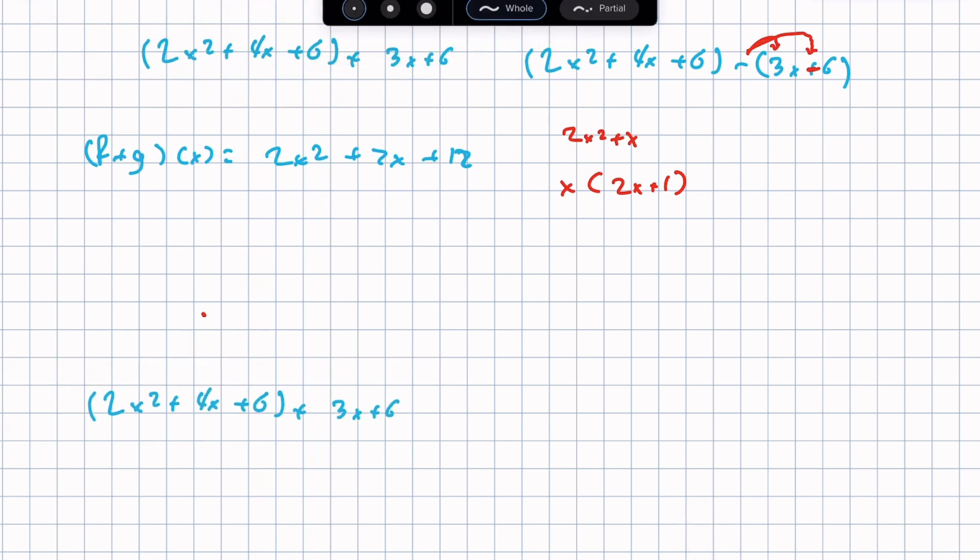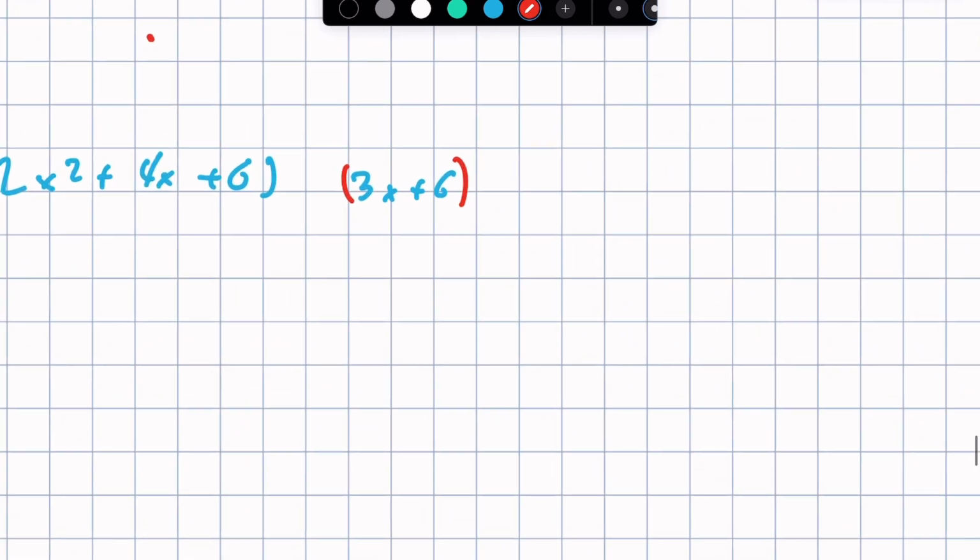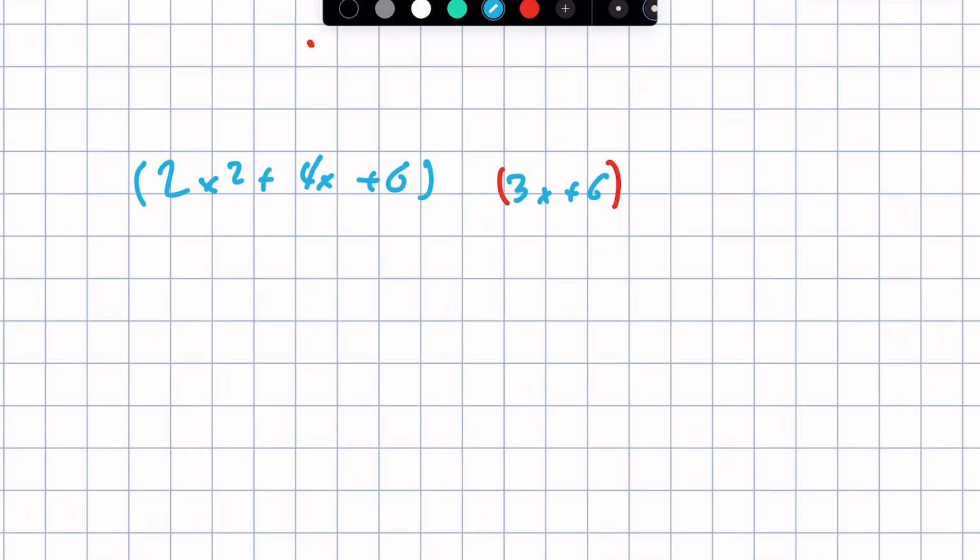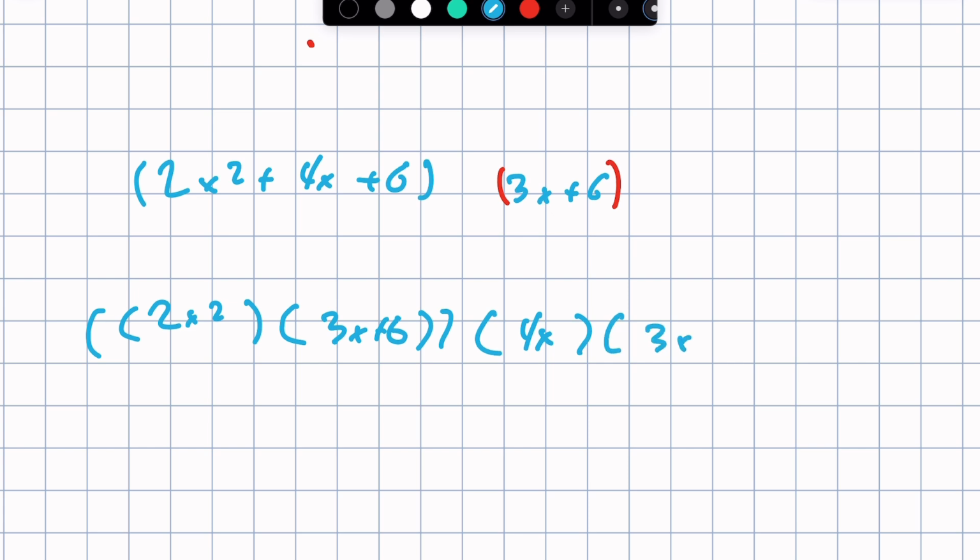This is going to be a long part, but basically it's 2x au carré times 3x plus 6, and then distribute again, so 4x times 3x plus 6, and then 6 times 3x plus 6.